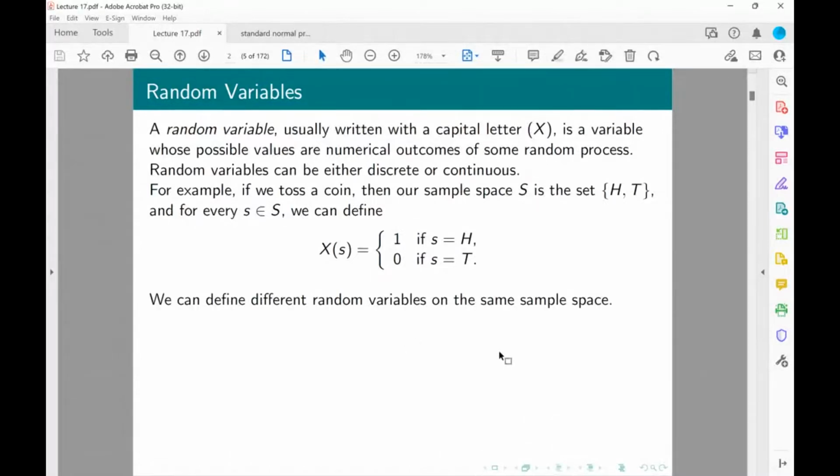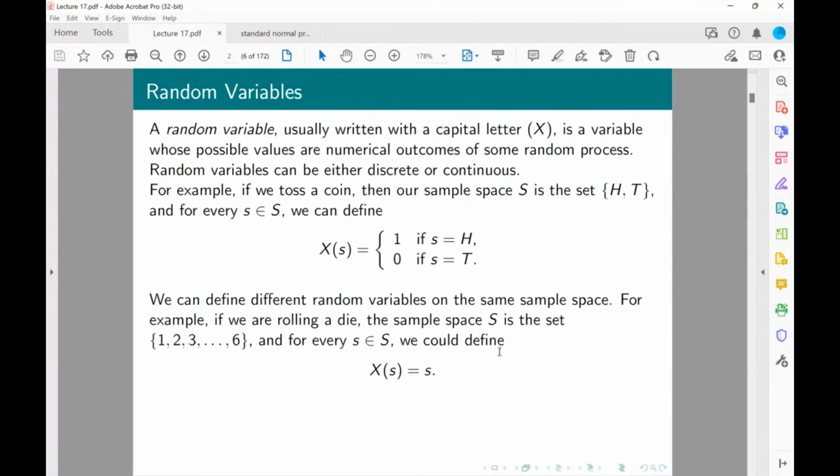And different random variables can be defined on different sample spaces. So for rolling a dice, our sample space would typically be getting a 1, a 2, a 3, a 4, a 5, or a 6. Well, we could just say our random variable is exactly that dice value. So in the event of obtaining a 2, we would output a 2.